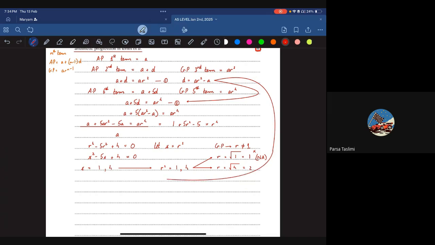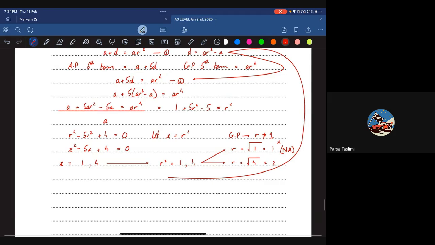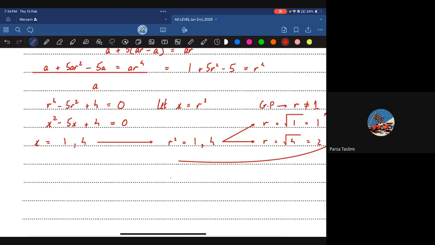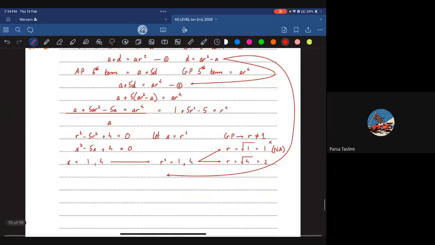So now we already know that D is equal to AR squared minus A. Clear?